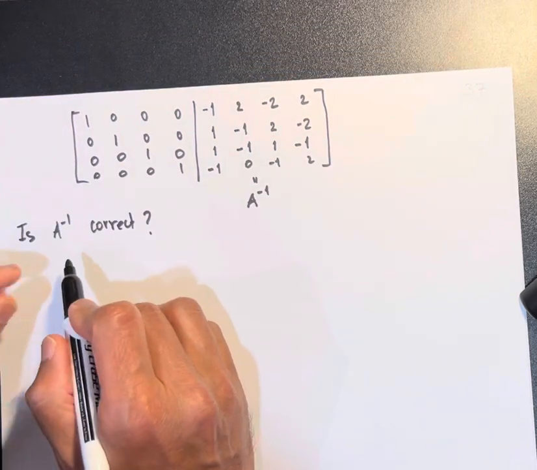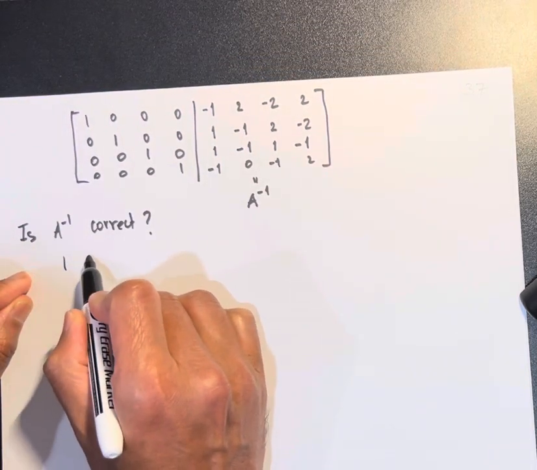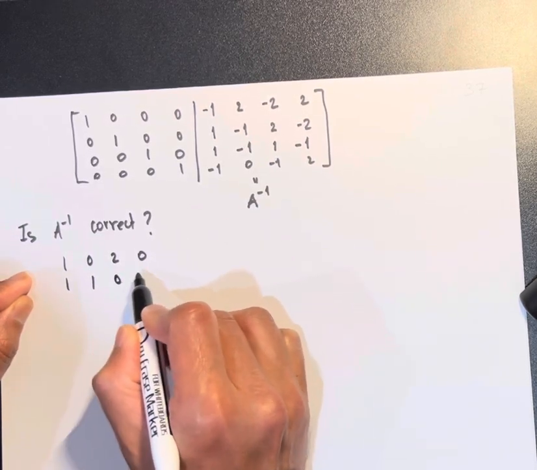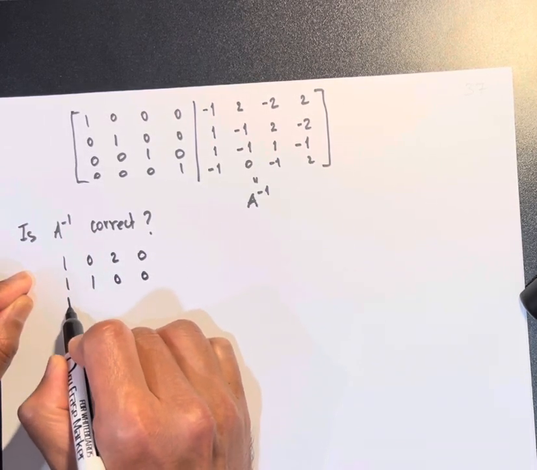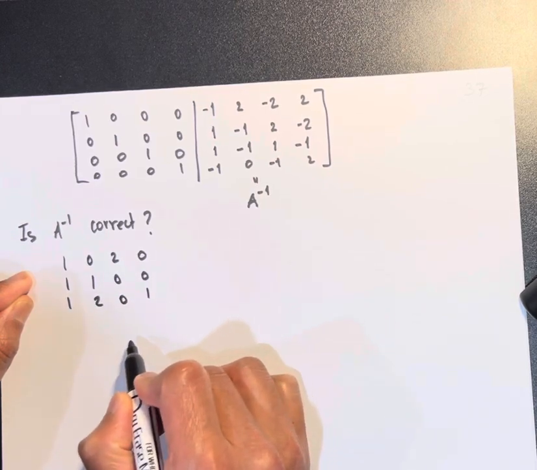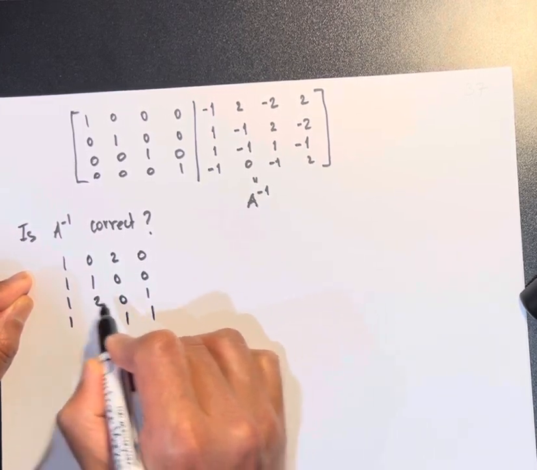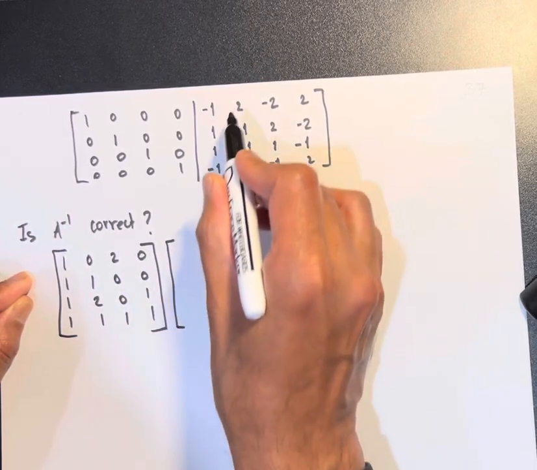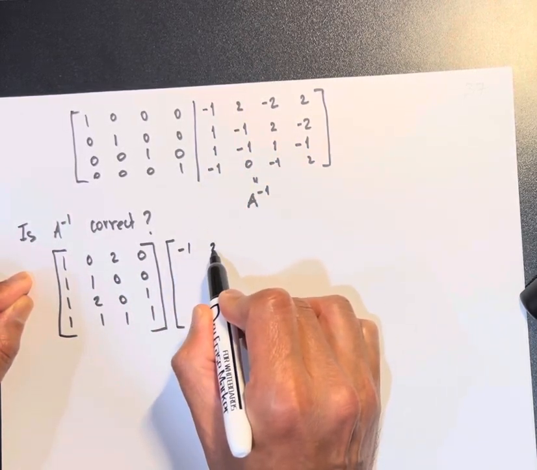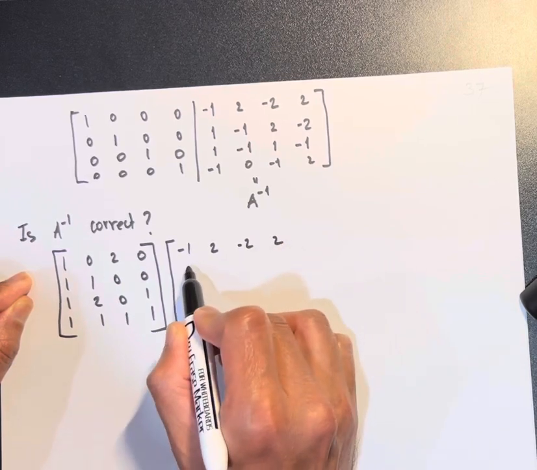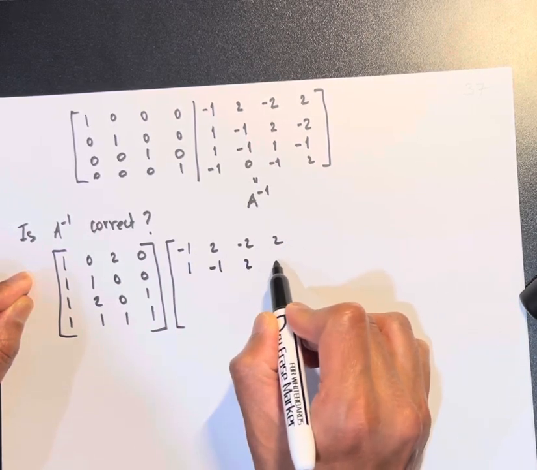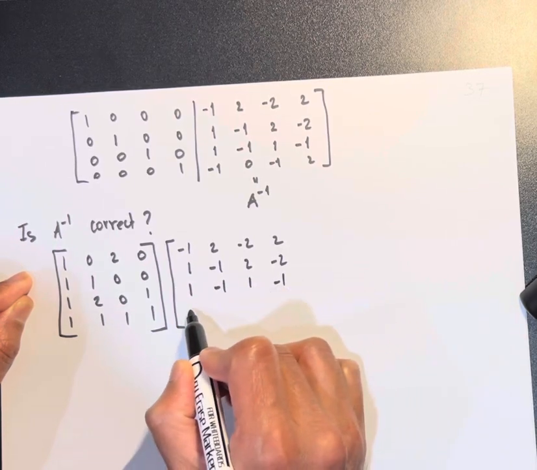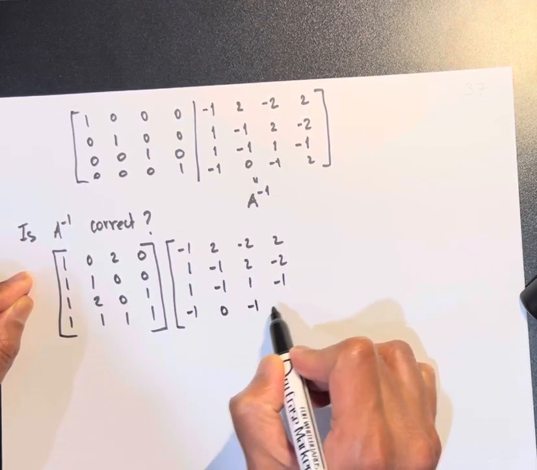So that is 1 0 2 0, 1 1 0 0, 1 2 0 1, 1 1 1 1, multiplied by this guy: -1 2 -2 2, 1 -1 2 -2, 1 -1 1 -1, -1 0 -1 2.